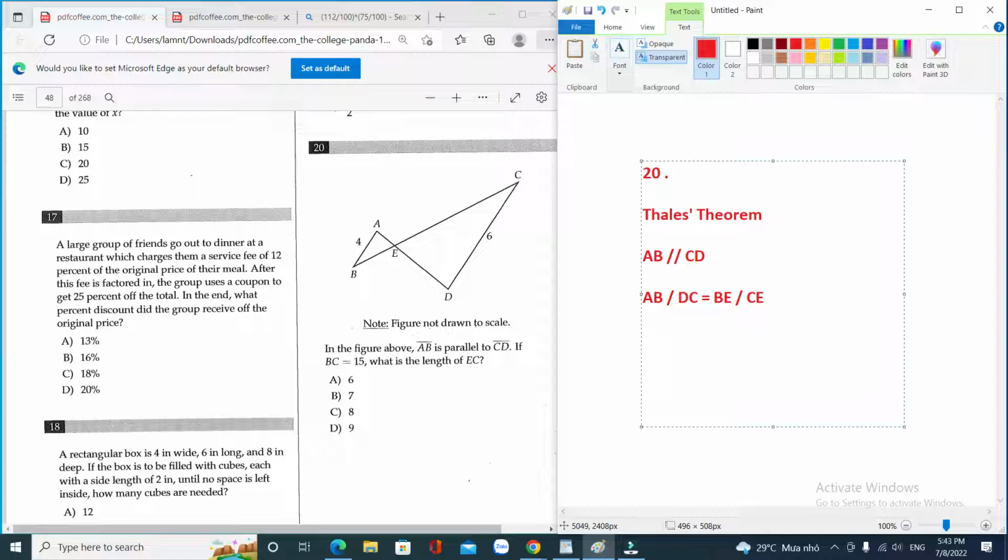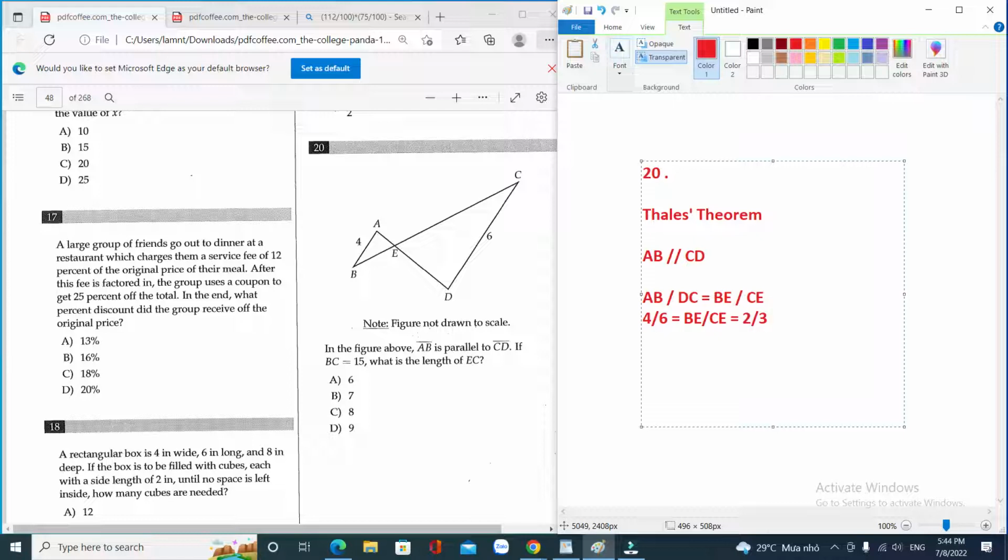So AB is 4 over DC is 6, that's equal to BE over CE, which is actually 2 over 3.